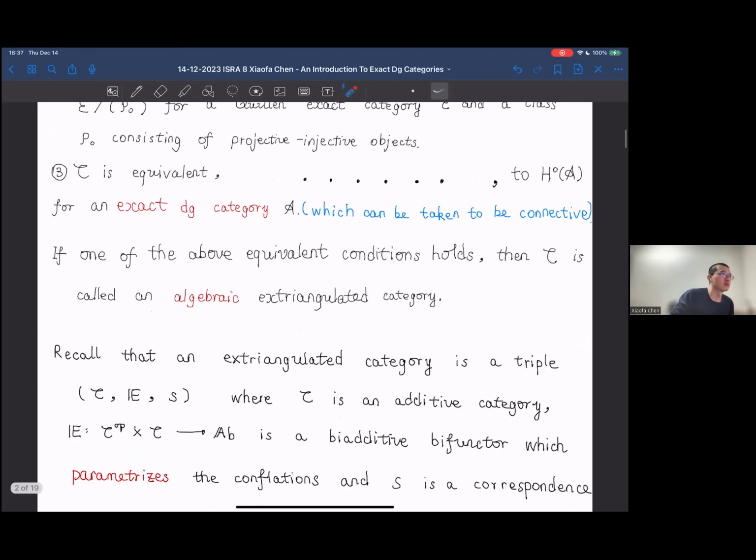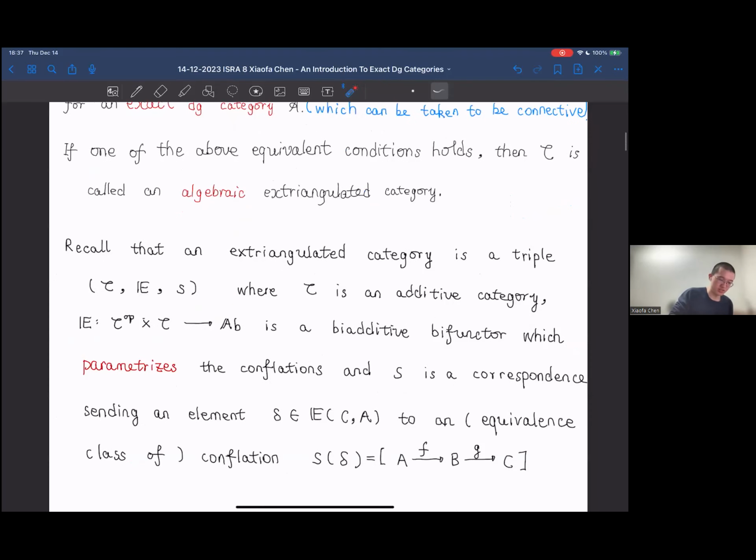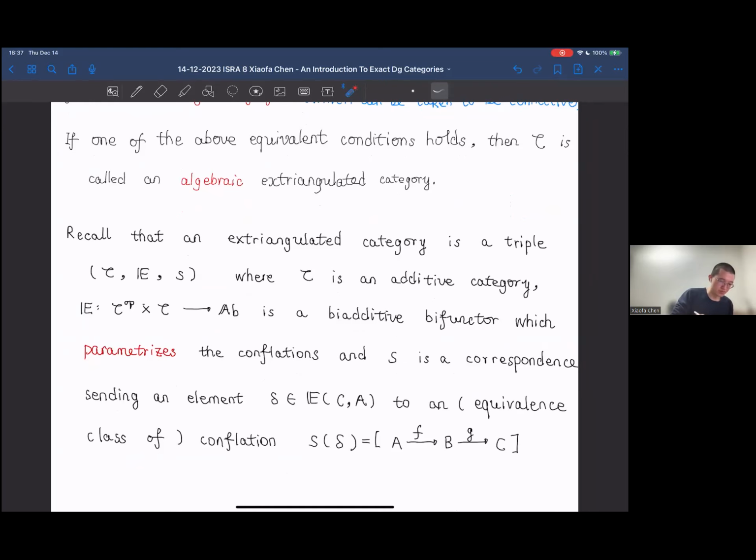So yesterday, Professor Nakaoka gave a recap on extriangulated categories. Let me give a quick review. We recall that an extriangulated category consists of a triple: an additive category C, and a bimodule over C, that is, a biadditive bifunctor from C^op times C to the category of abelian groups.